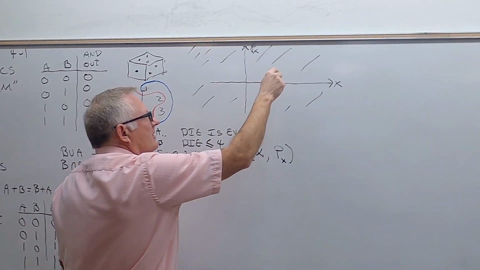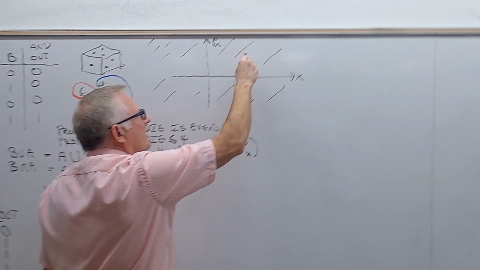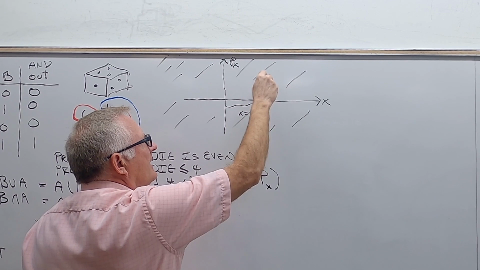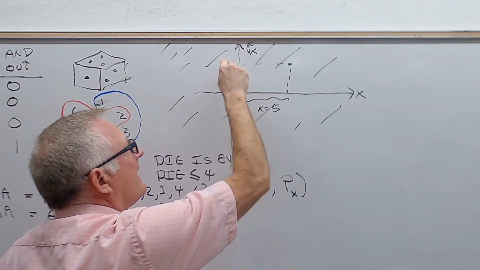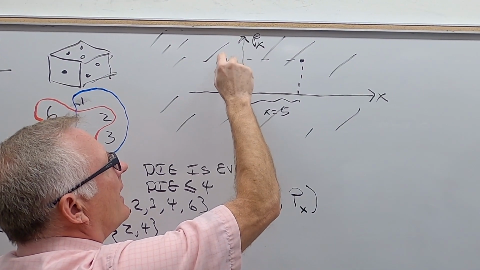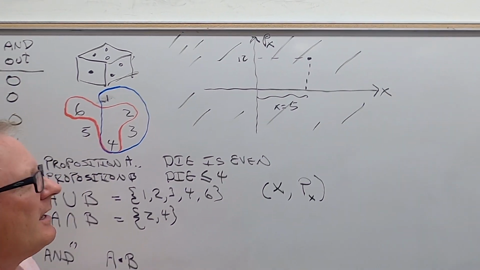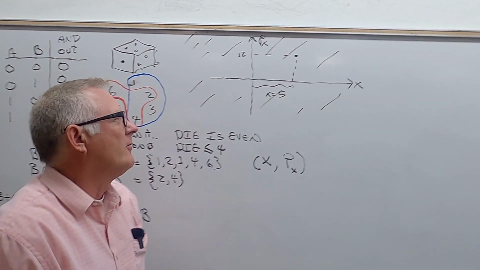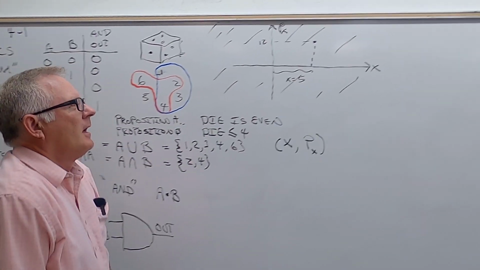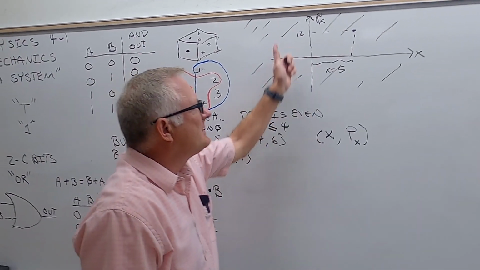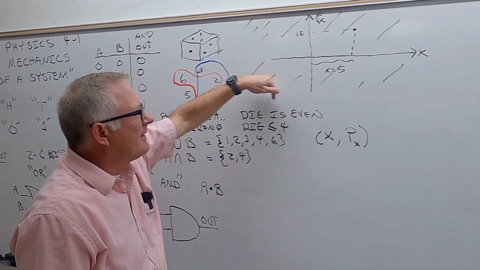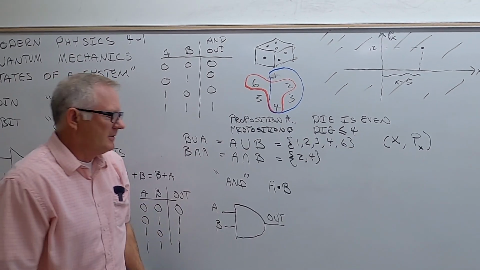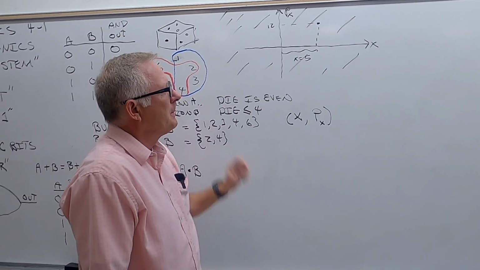That is, the particle could be at, say, x equals 5, and the momentum, px, could be, say, 12. That would mean it was right there and has a momentum this way of 12 units. So every single point on here is a possible state of the system. So it's an infinite number of states.